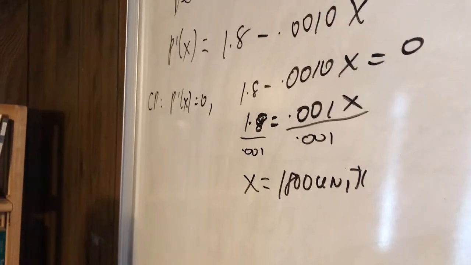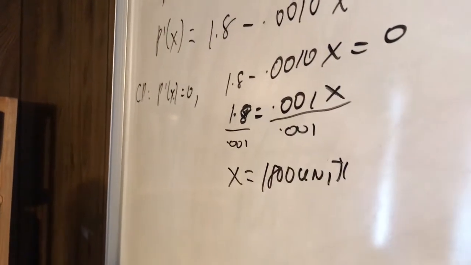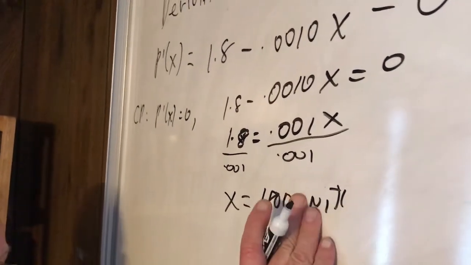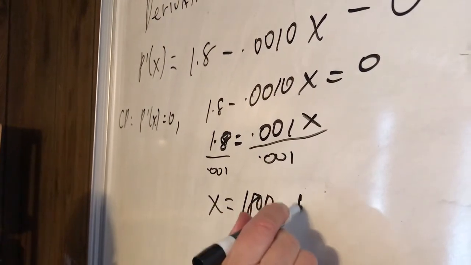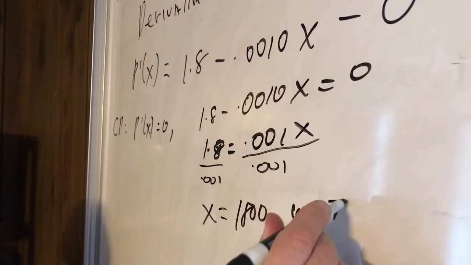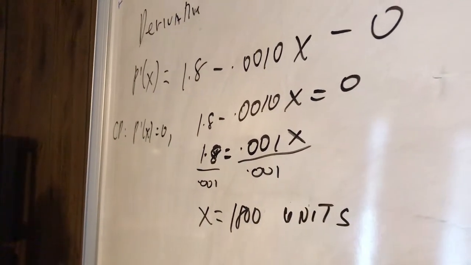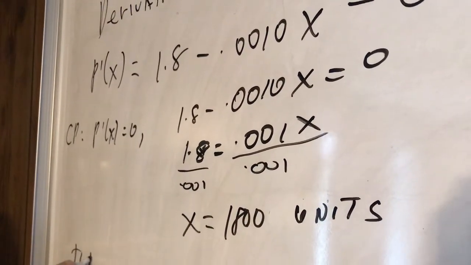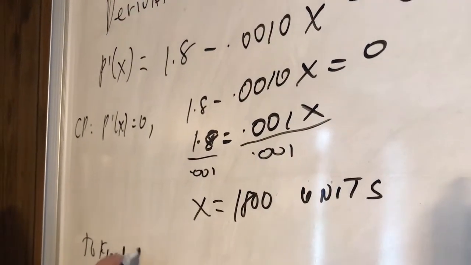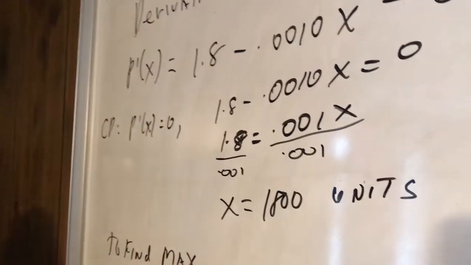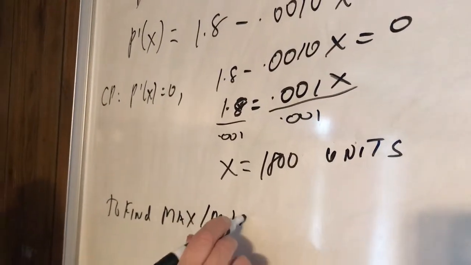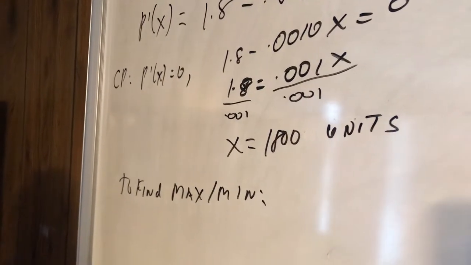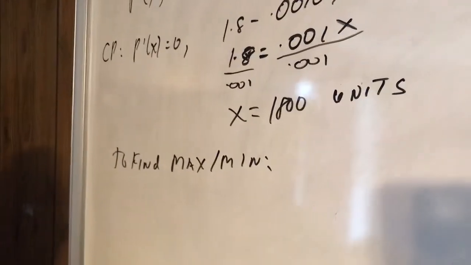Now, is that a maximum, since we want to maximize profit? Let me write this a little bit better. In this case, to find max or min, I'm going to use a different technique. I'm going to take the second derivative. That's the second technique we have for determining max and min.